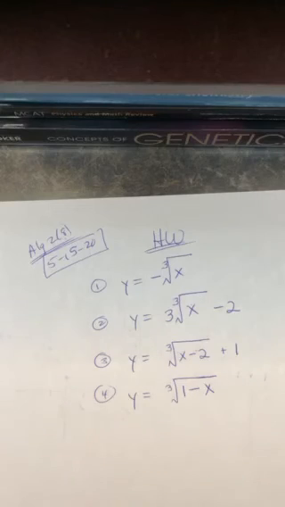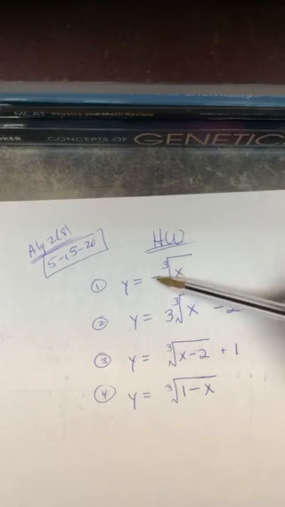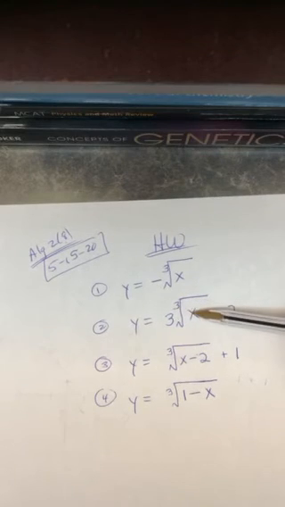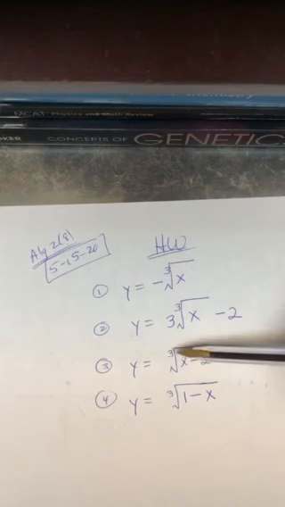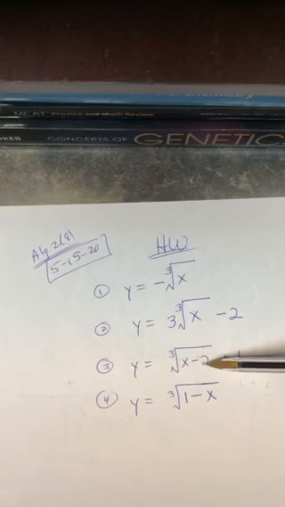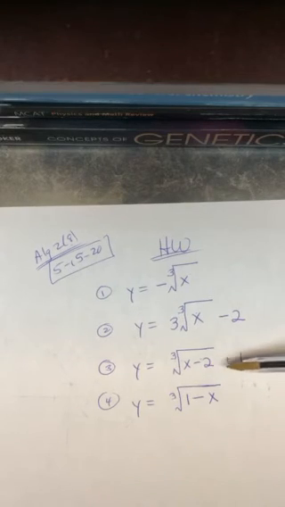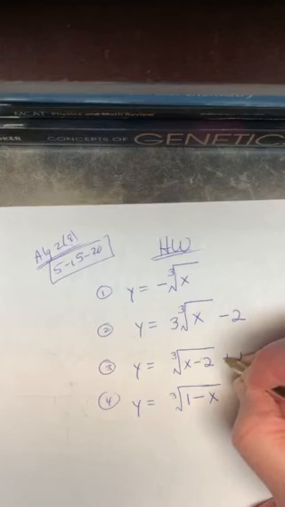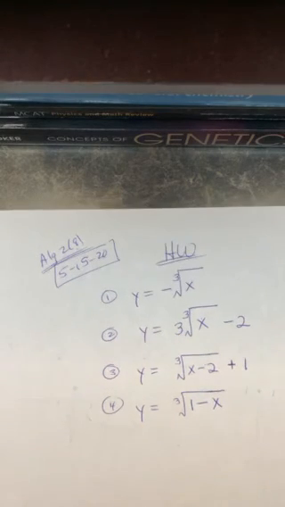So hit pause and copy down negative cube root of x, 3 times the cube root of x minus 2, then the cube root of x minus 2 inside, afterwards a plus 1. I'll make that nice and clear. Yep. And then finally, y equals the cube root of 1 minus x. So give that a shot.